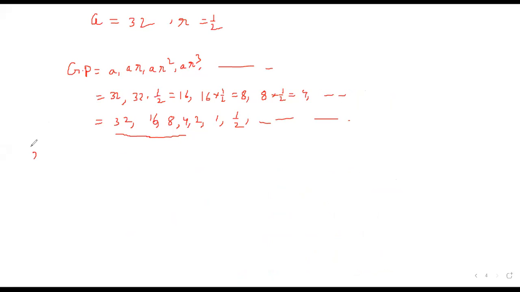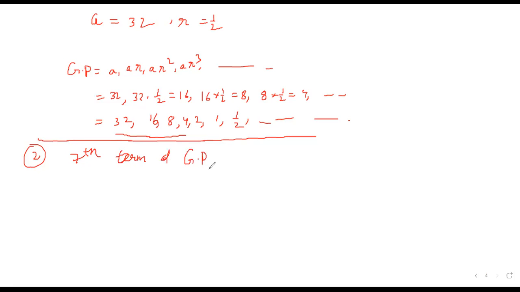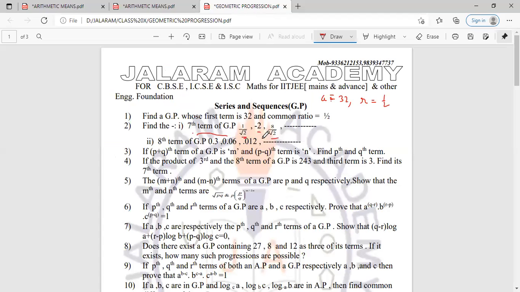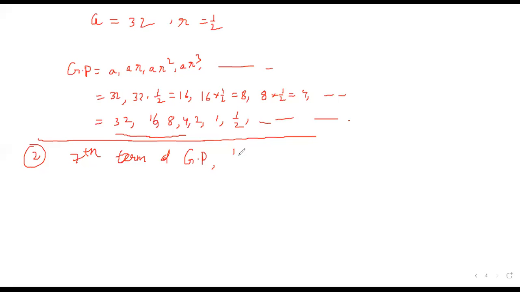We have to find the seventh term of the GP with first term 1 by root 2, second term minus 2, next term 8 root 2 and so on.